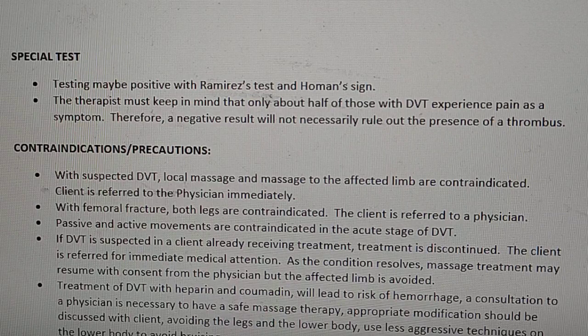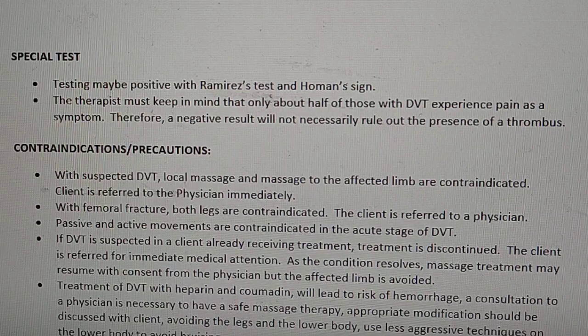As for special tests, testing may be positive with the Ramirez test and Homan sign. You should research these tests. The Ramirez test and Homan sign are special tests used to find out the possible presence of thrombophlebitis or deep vein thrombosis in a client.